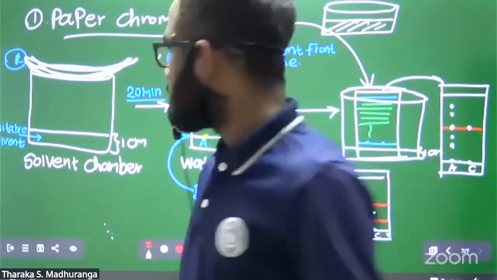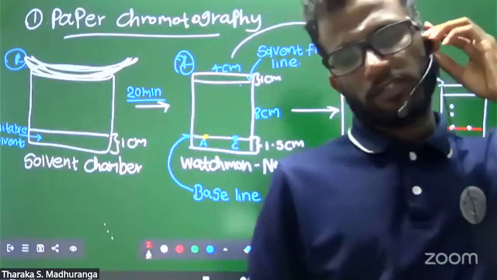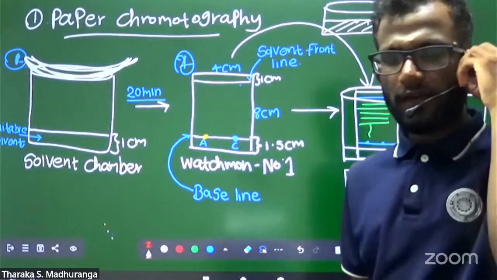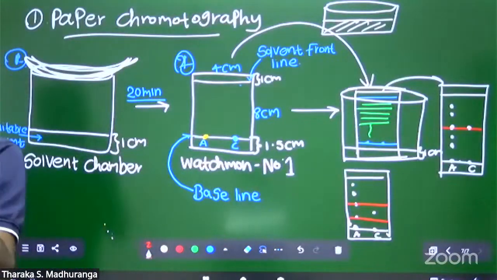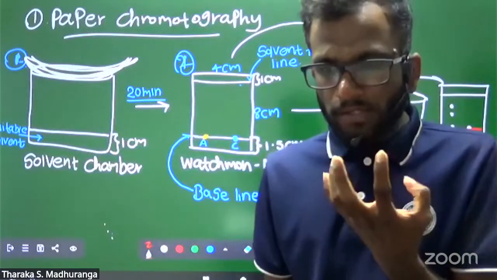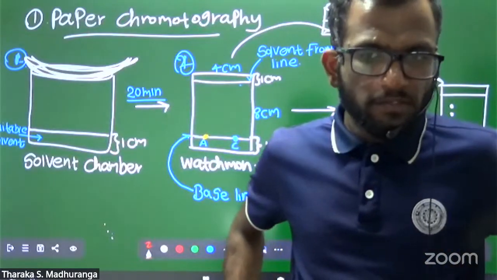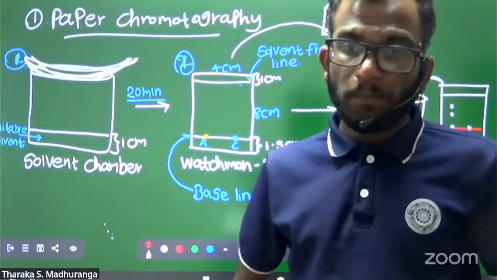Okay. Now I have a few questions. Actually, they are not my questions. They are past A-level questions. There was a question: in the first step, why is this reaction chamber closed and kept for 20 minutes?